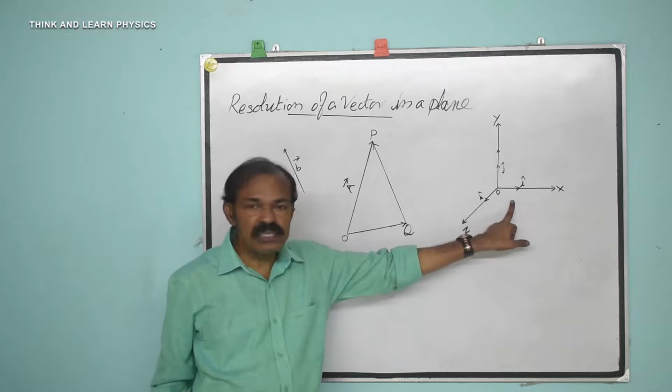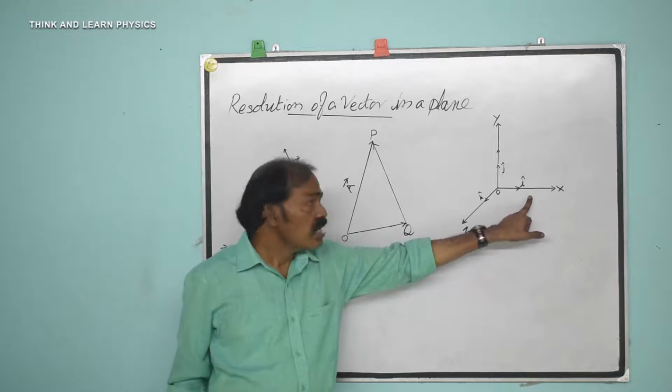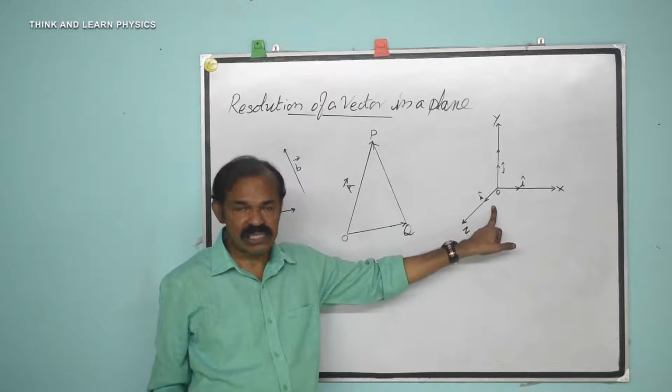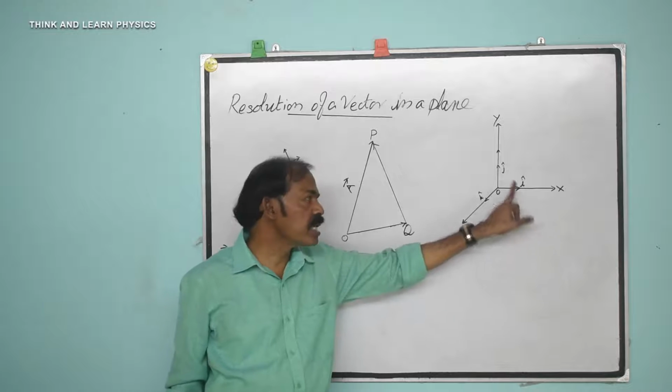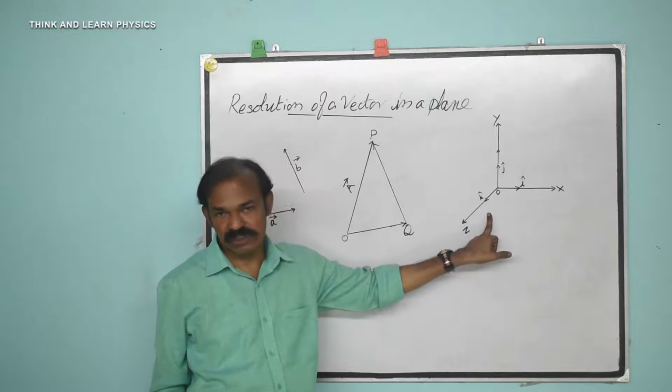These are the unit vectors along the coordinate axes: i cap along OX, j cap along OY and k cap along OZ.